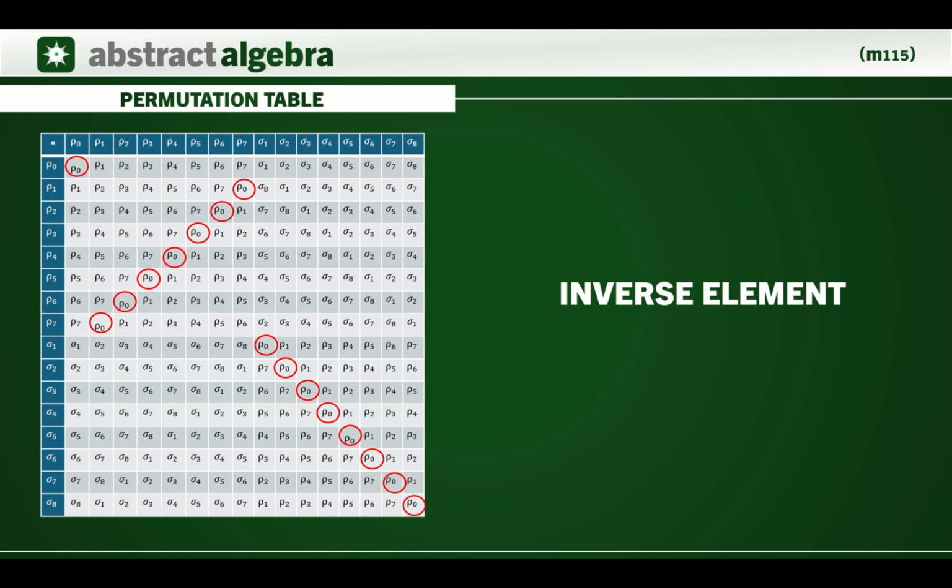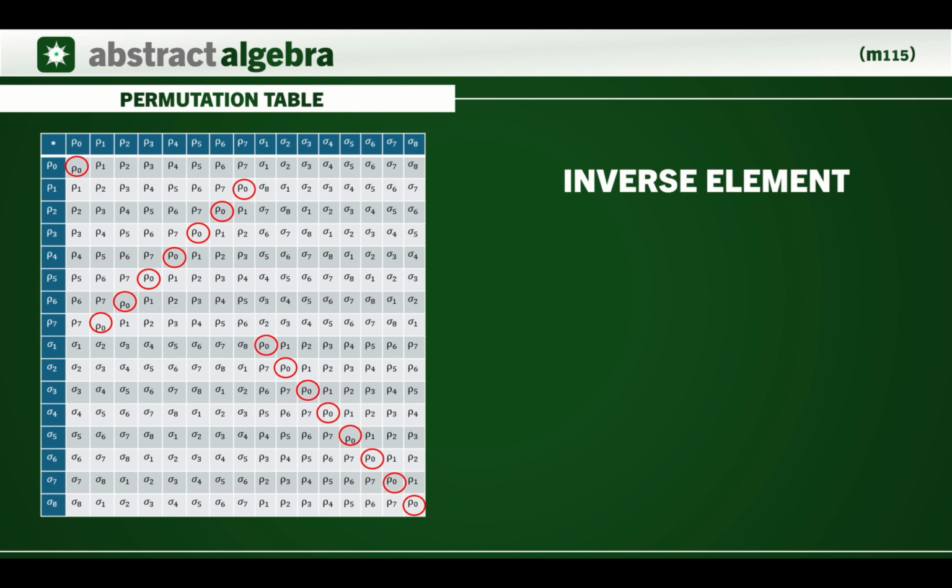So, we have 16 rho sub 0, or the identity element that we find. Next, we are going to check the rows and columns. So this is the identity element, and the column is the inverse.